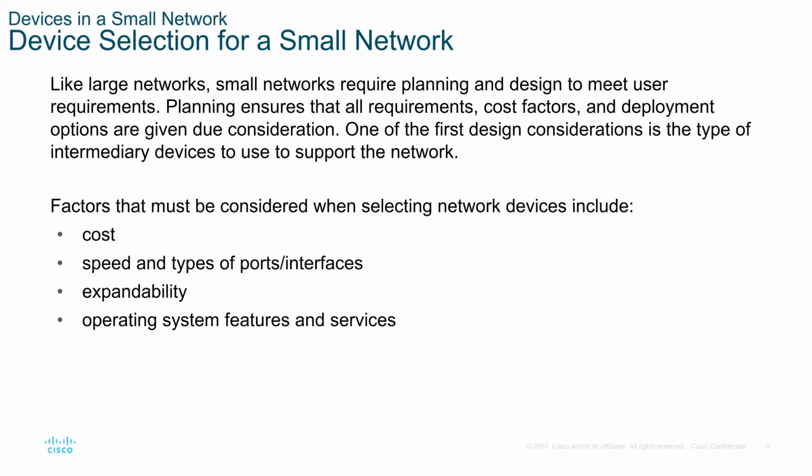Also, in the initial planning, it should be included where the company intends to go, whether it be next year, 5 years, or 10 years, because the network must be able to adapt and grow with the company's needs.